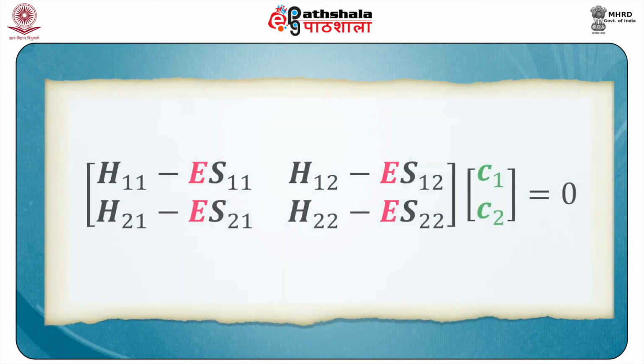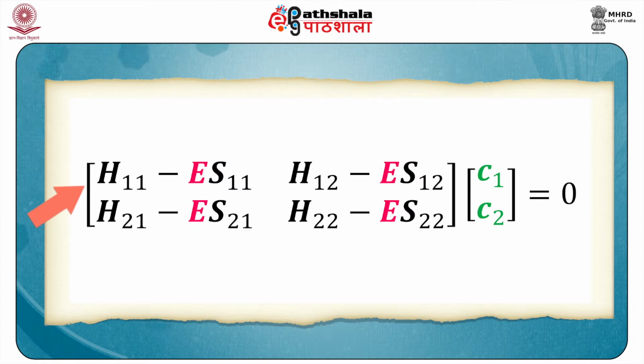Here it is. First determinant is H11 minus E S11, then H12 minus E S12, then it goes up to H1n minus E S1n. But presently we are showing it only for a 2-electron system.